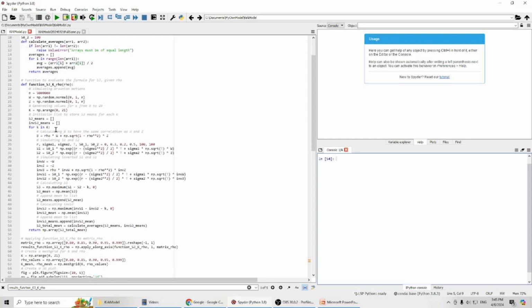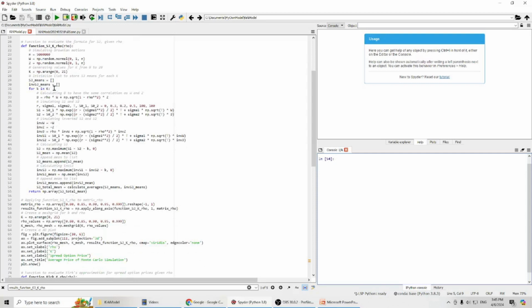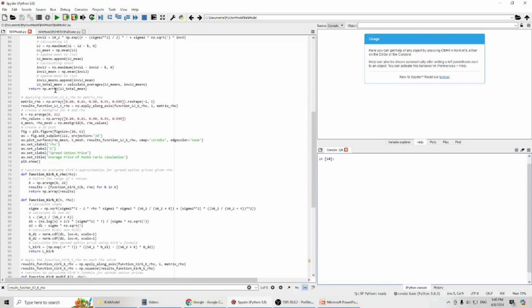And then I'll use this function to do the Monte Carlo simulation. And after the Monte Carlo simulation, I will draw a graph to show the spread option price.